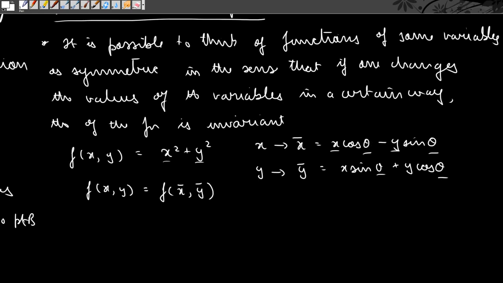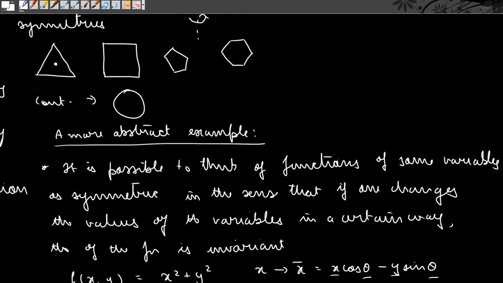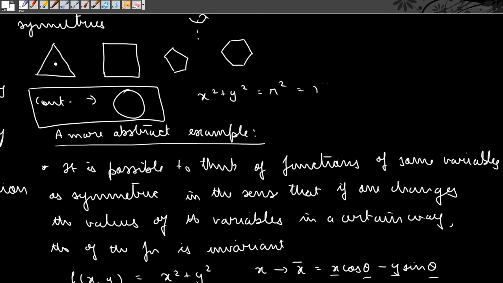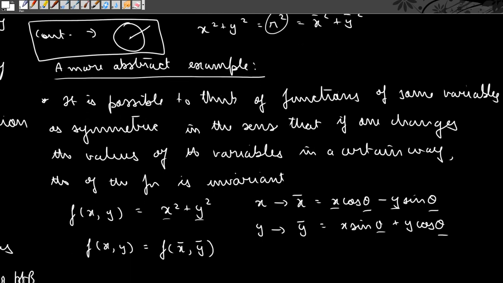In a way, this is the abstract formulation of the earlier example, because the equation of a circle is basically x square plus y square equal to r square, and this is equal to x bar square plus y bar square. This is basically saying that we are rotating this circle by an angle theta and the value of the radius remains unchanged, or the shape of the circle remains unchanged.